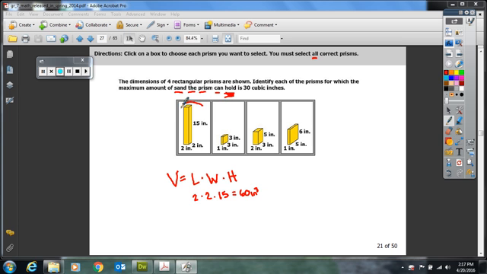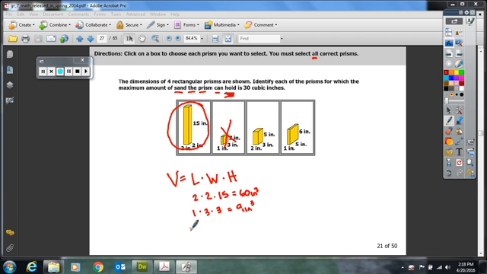So this is one of my answers. The next prism is 1 inch long by 3 inches wide by 3 inches tall. That's only 9 cubic inches. So guess what? That one is not going to work.